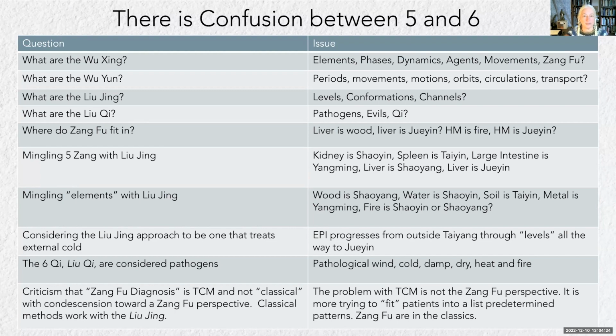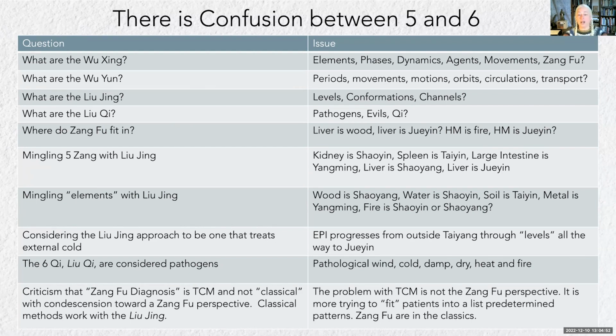But again, the Zongfu are in the classics. So I would not say that looking to fit our patient into a predetermined pattern is what the Zongfu are about. And in fact, people that practice what they call classical Chinese medicine are often doing the same thing, trying to fit their patients into a pre-existing pattern.